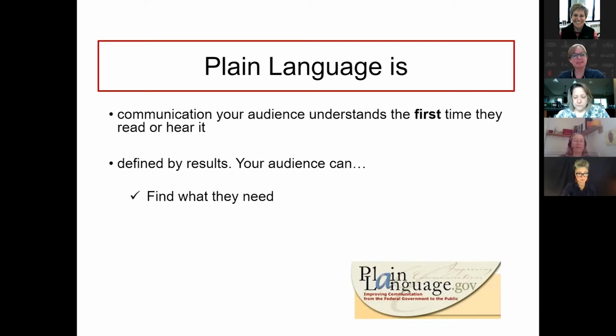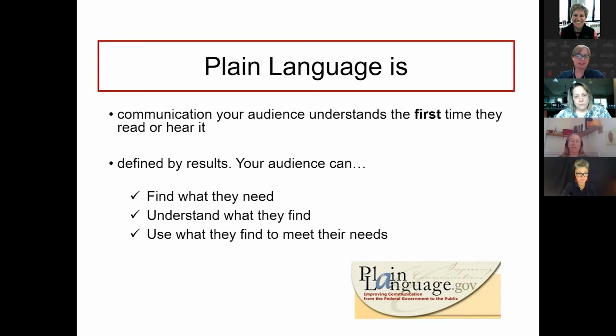So your audience can find what they need, understand what they find, and use what they find to meet their needs. We'll talk about some strategies to engage and motivate individual people in our audience, no matter how large it is. And we keep in mind that what might be plain language to one group of readers is not necessarily plain language to other groups.